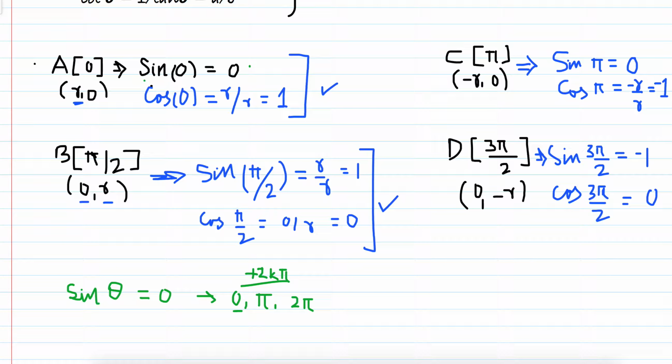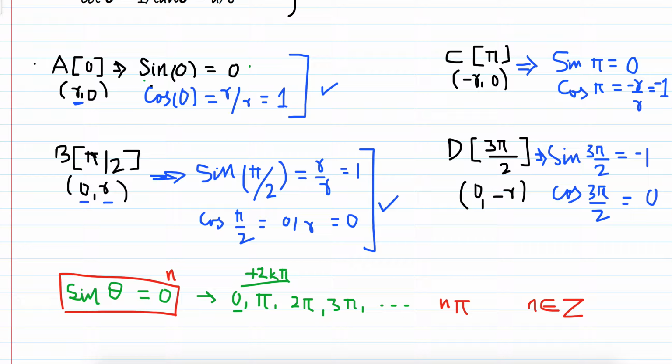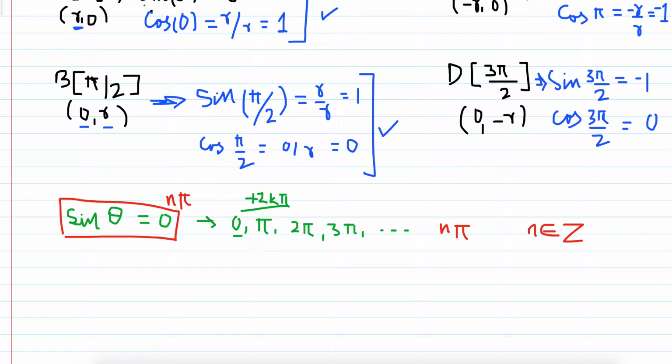Then we add 2 pi to pi, we get 3 pi. Then 4 pi, 5 pi, and so on. So the generic term would be n pi, where n belongs to the set of integers. So sine theta is 0 for theta equal to n pi. Similarly, we see when is cos theta equal to 0.